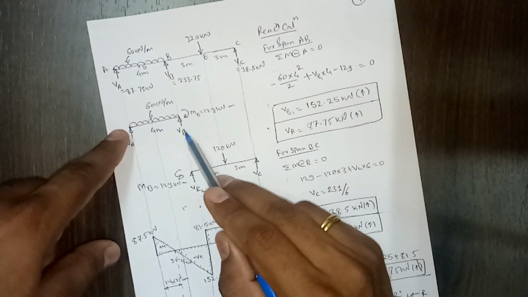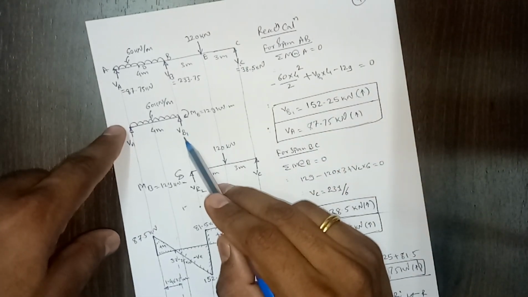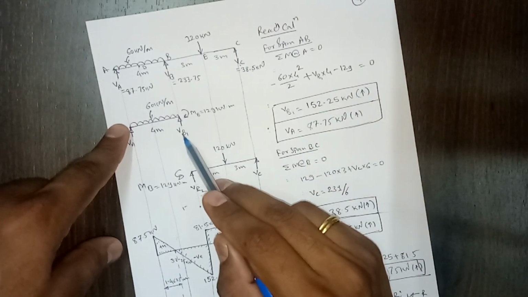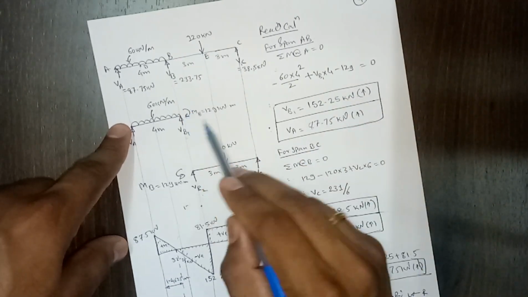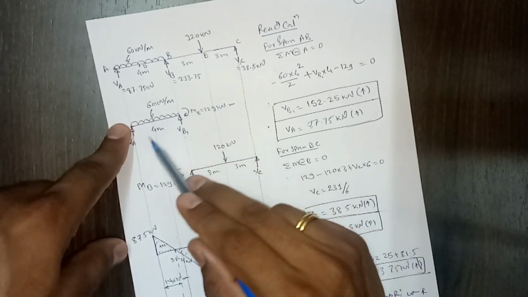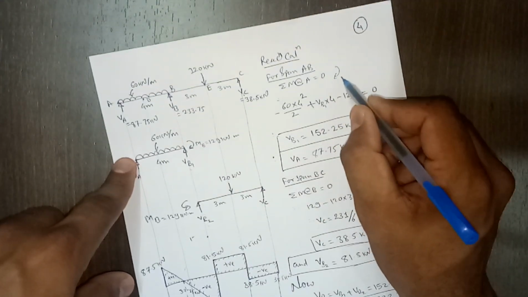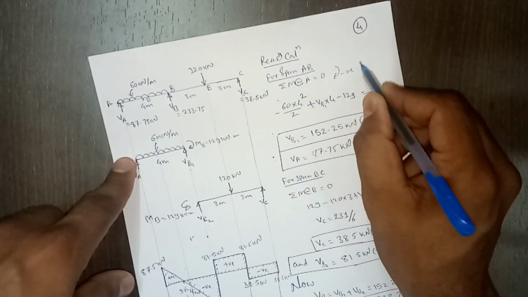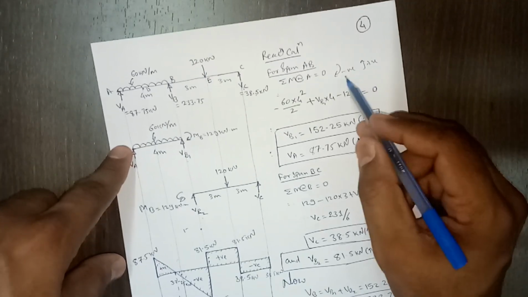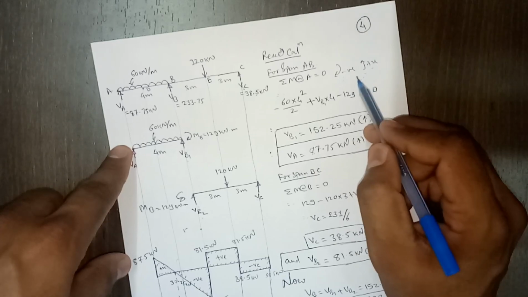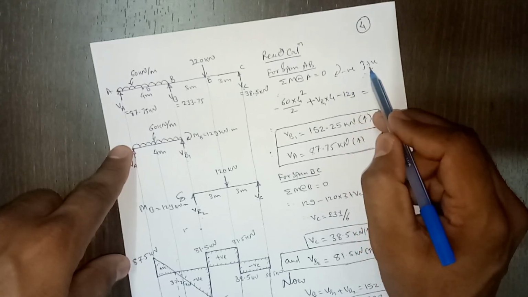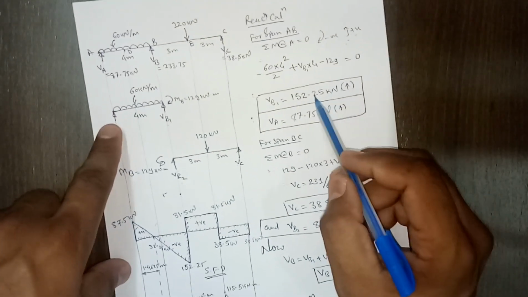Then plus the moment due to vertical reaction VB1, so VB1 into 4, minus this moment also we need to consider now. Since here we are assuming clockwise negative and anti-clockwise positive. In reaction calculation you are free to select this sign convention. Even if you consider this positive, this negative, you will get the same answer.